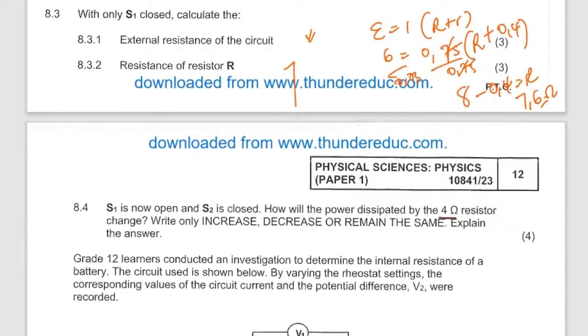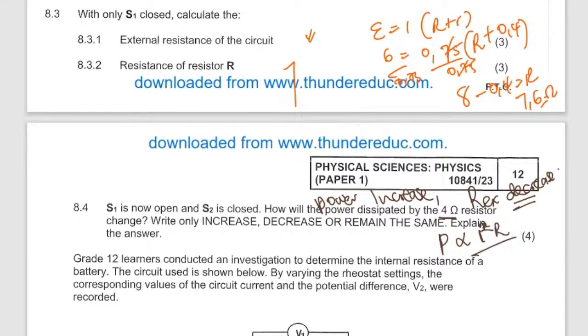So one thing we have to say is that the current is going to increase, because the external resistance has decreased. So the power increases because the external resistance has decreased. Then you can use the formula of power being directly proportional to I squared R.